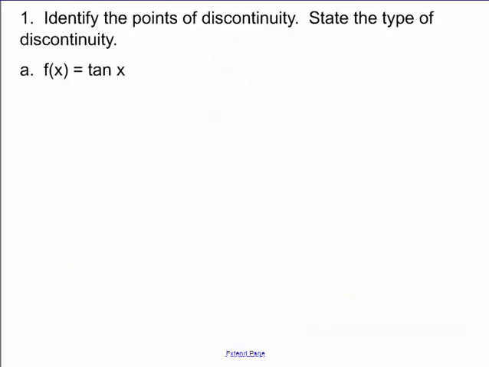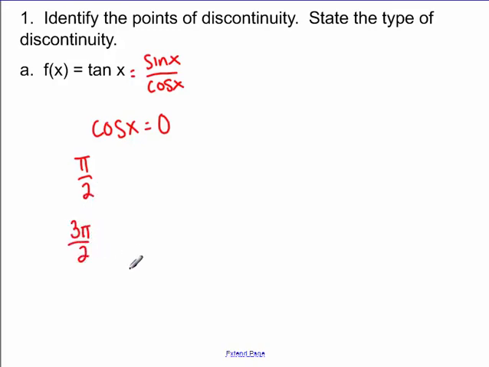Okay, identify points of discontinuity. State the type of discontinuity. Well, tangent can be written as the sine of x over the cosine of x. Whenever the denominator of a fraction equals 0, that's when you have your vertical asymptotes. So that's at pi over 2 and 3 pi over 2, and then all rotations of that.